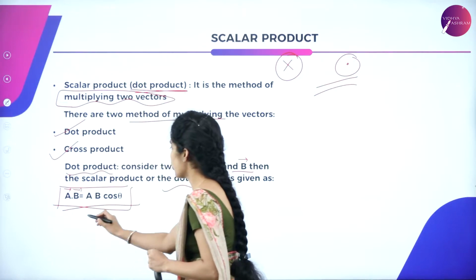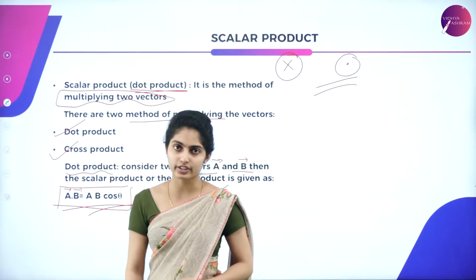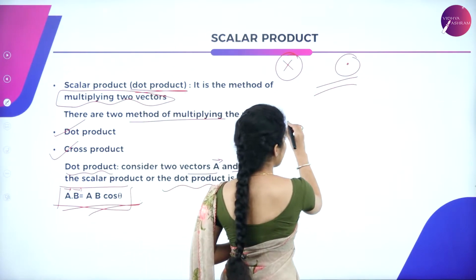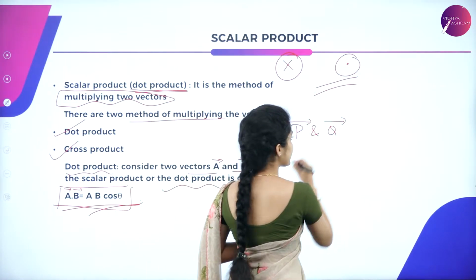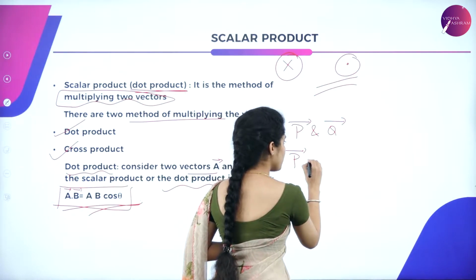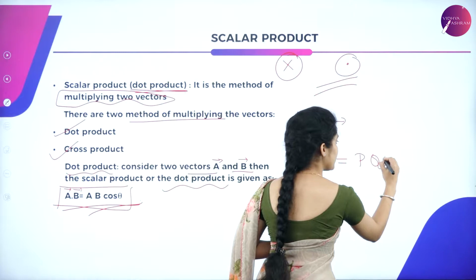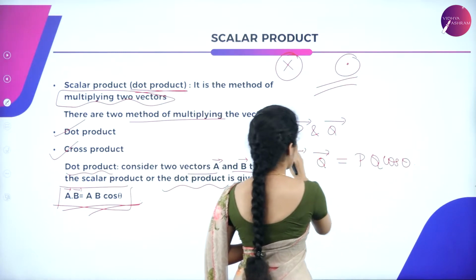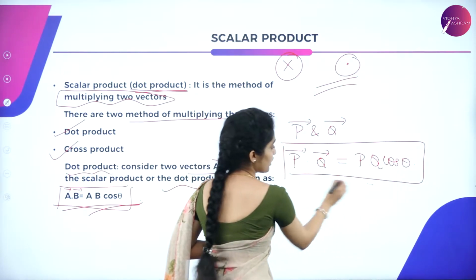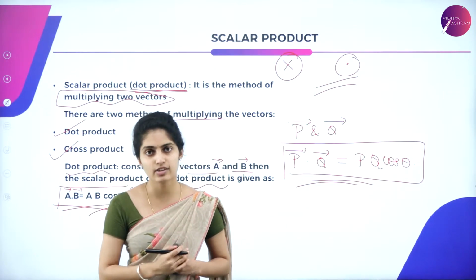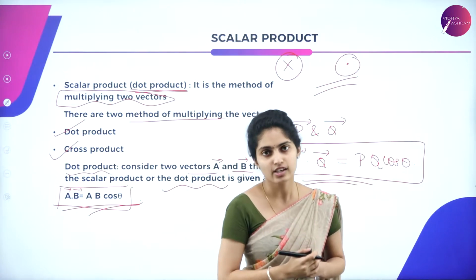So this is all about your dot product. If you are considering vector P and vector Q, the dot product of vector P and vector Q will be PQ cos theta. So the dot product always has cos theta as its function.